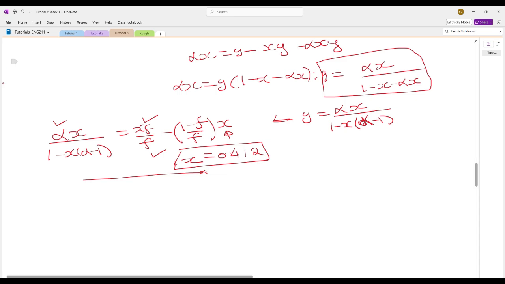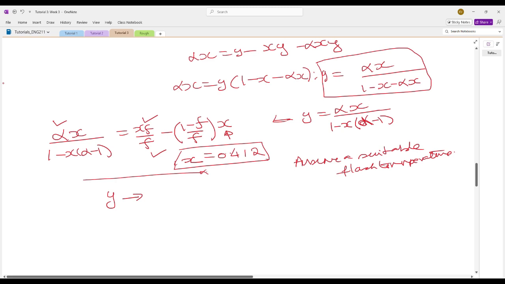Or alternatively, no, there is no other method, so you have to stick to this. Or you can assume a suitable flash temperature to save your time, and then if you have x equal to 0.412, you can also determine y.